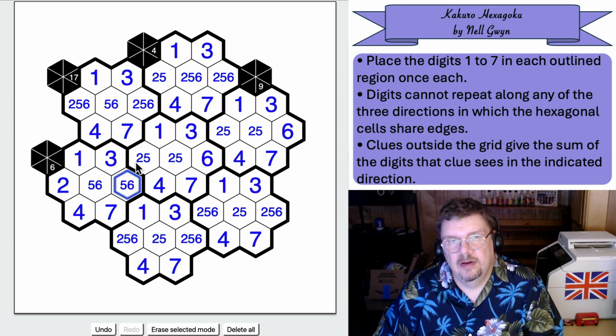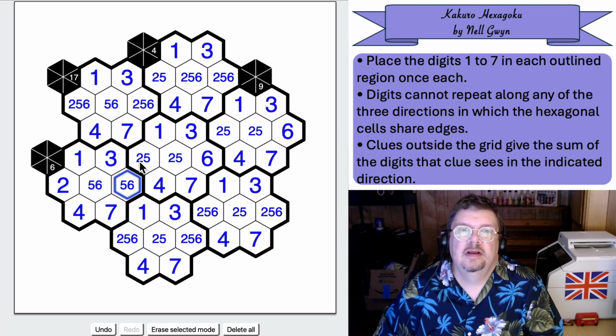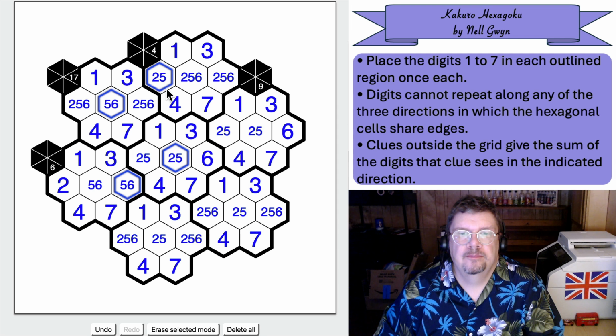Okay, if this is 5 now, I don't think I can clear any more 6s. But if this is 5, then this is 5. That makes this 5, and this is 5. That makes that 5 and that 5.